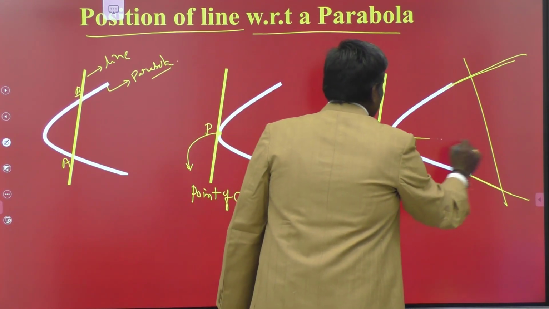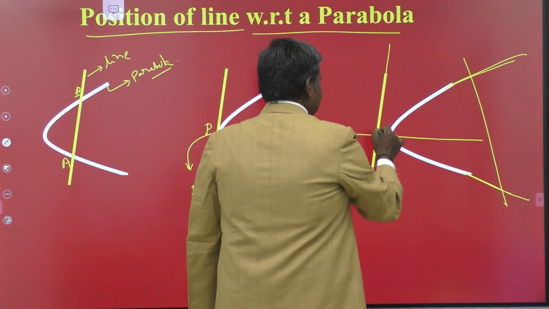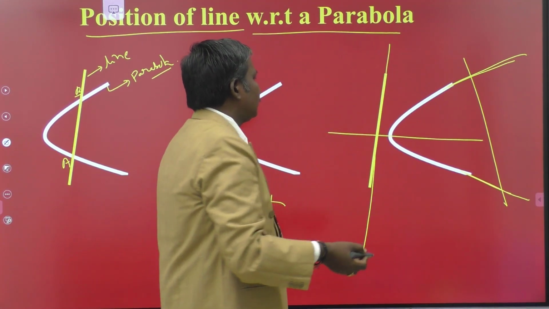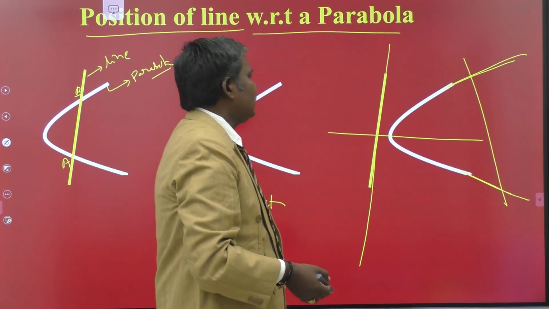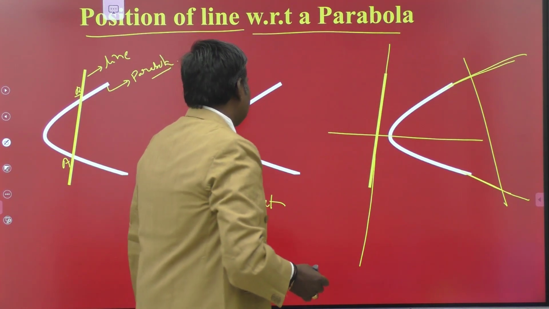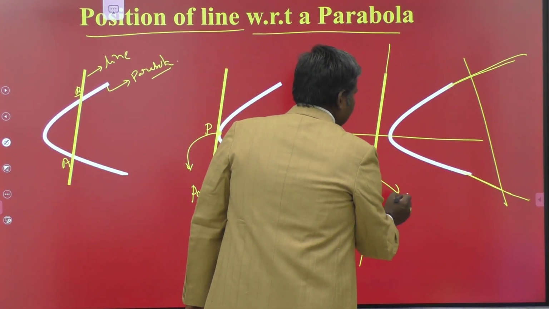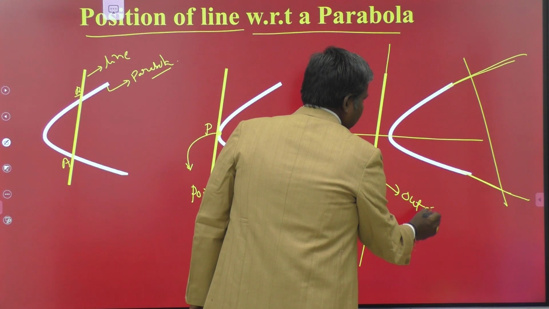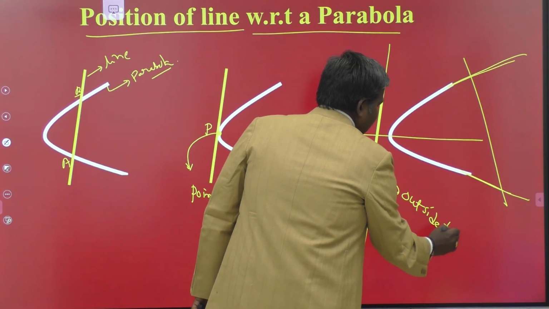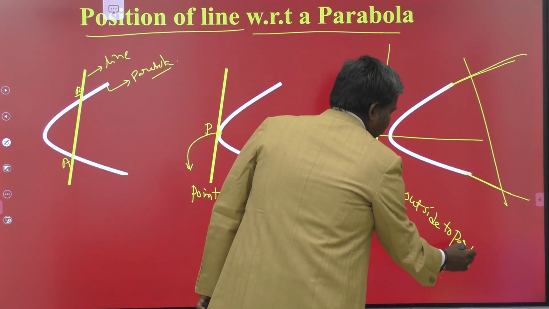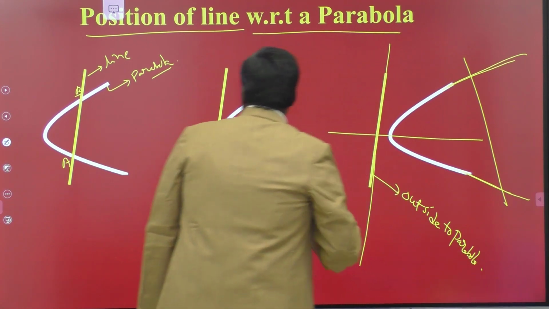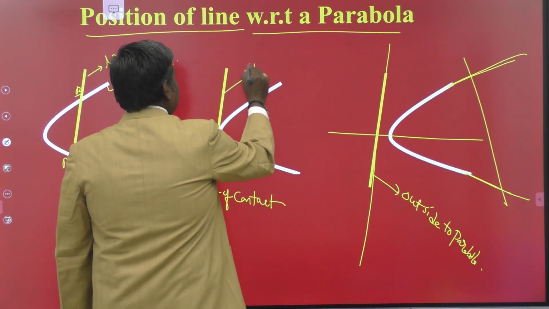So this is the axis of the parabola. This is the line. If you produce this one, the line does not intersect or touch the parabola. So we say that this line is outside the parabola. The line touches the parabola.